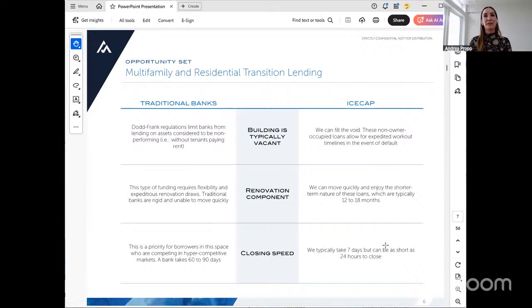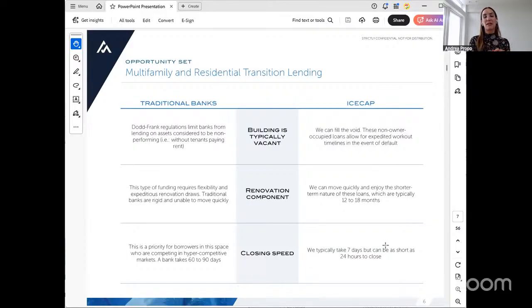So the first one is really rooted in the 2008 crisis. Banks are restricted with the amount of their balance sheet that they can allocate to loans that look like these loans, because these loans do not have any tenants in the property paying rent.